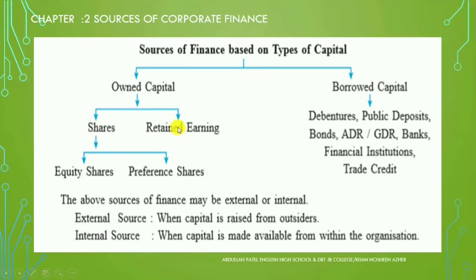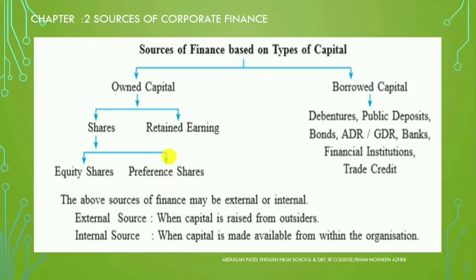Retained earnings: it is the profit saved by the owners, the shareholders, the management, to utilize that fund for future requirements. Whatever you earn from the business, you never distribute the whole amount to the shareholders.